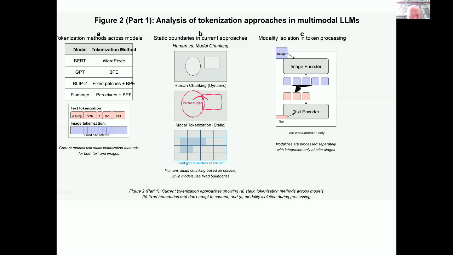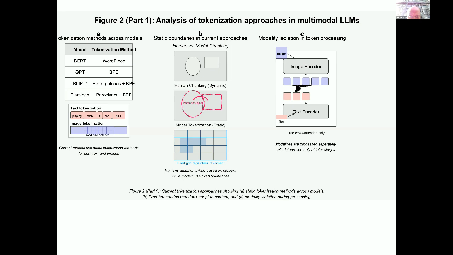As you can see in the table, tokenization varies across models. The lower section shows examples of how text is broken into tokens like playing, with, a, red, ball.